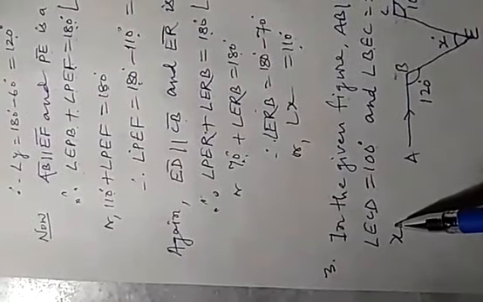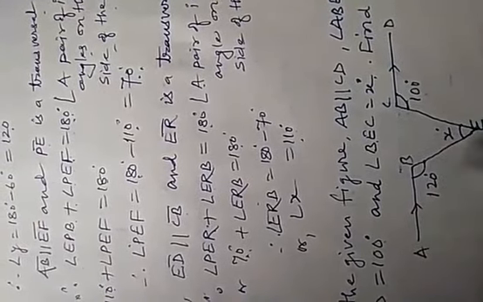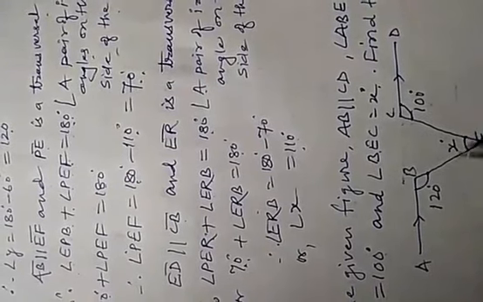Find the value of X. In this figure, line AB is parallel to CD. Angle ABE is equal to 120 degrees and angle ECD is equal to 100 degrees. We have to find the value of angle BEC, that is, the value of X.